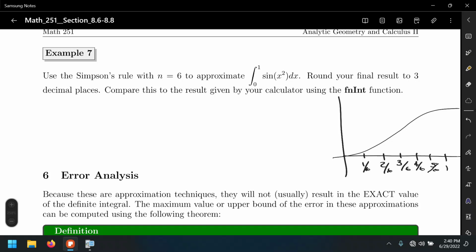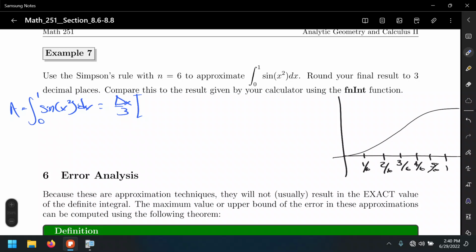Now, in order to use, in this case, the Simpson's formula, so area equals the integral from 0 to 1 of sine x squared dx. That'll be delta x over 3.